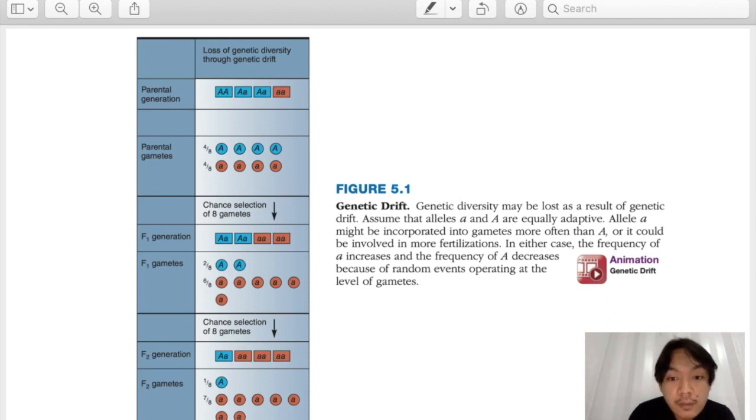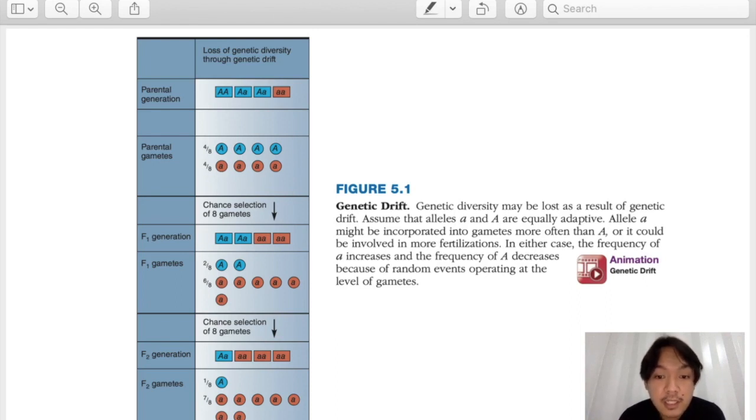So this blue one and red one here. There is a chance of selection of 8 gametes in the F2 generation, whereas we have 3 homozygous recessive from the red one, and 1 heterozygous dominant for the blue one.